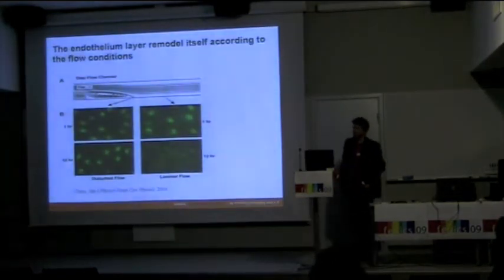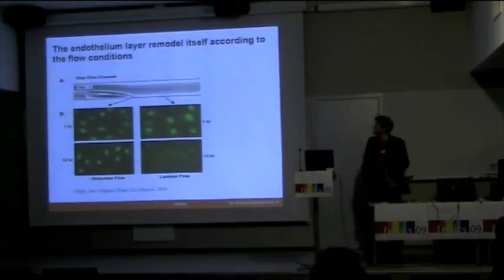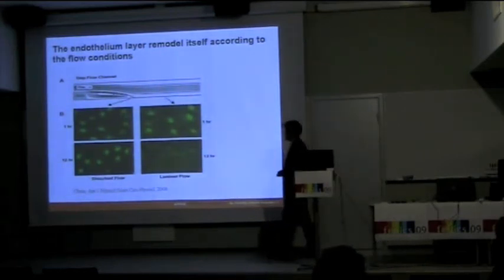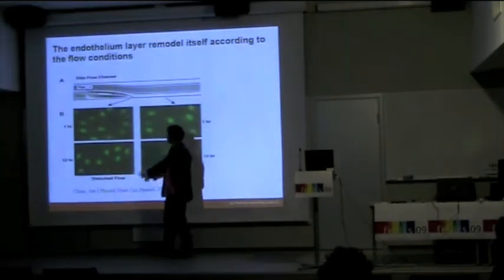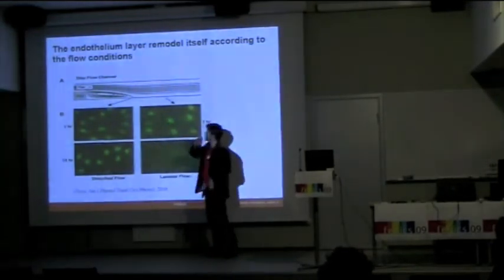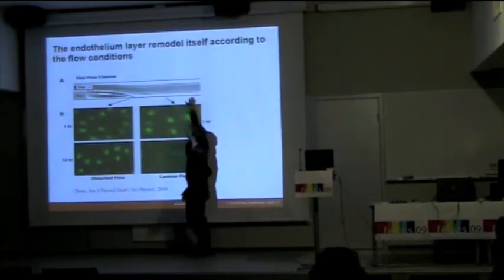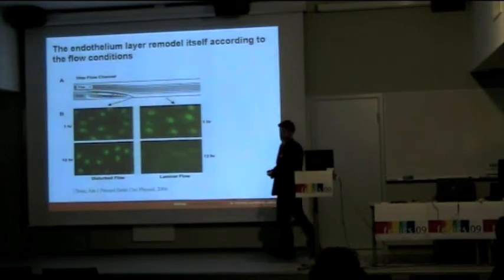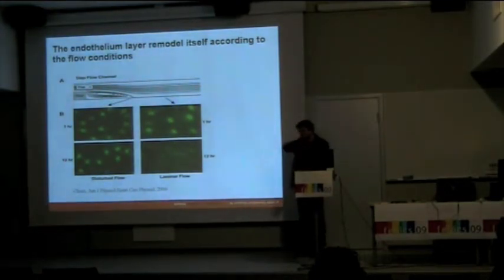So there are some basic experiments that have been done that suggest that the stress on the vessel wall changes the vessel wall. For instance, you have experiments by Chen, who has basically put cells on the bottom of this backward-facing step problem and just let a nutritious fluid flow past that.